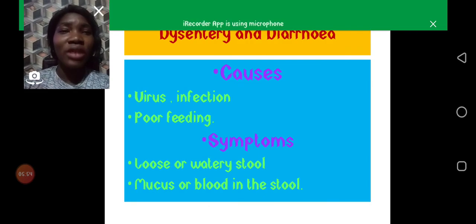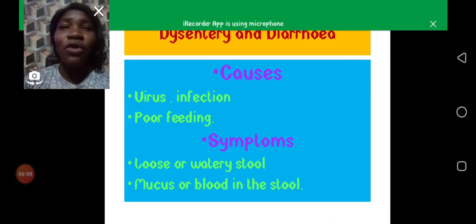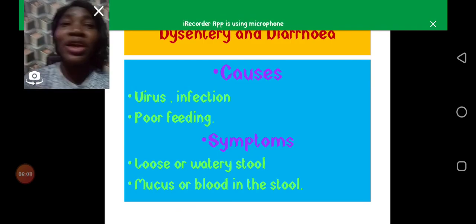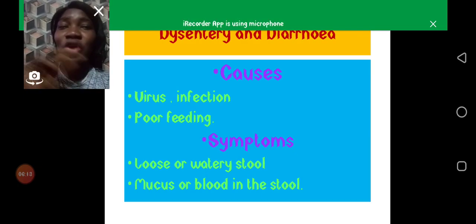That is why we always tell you not to put your fingers in your mouth. Don't pick anything on the floor and put in your mouth, because you can be infected with virus or infection. There are germs everywhere.